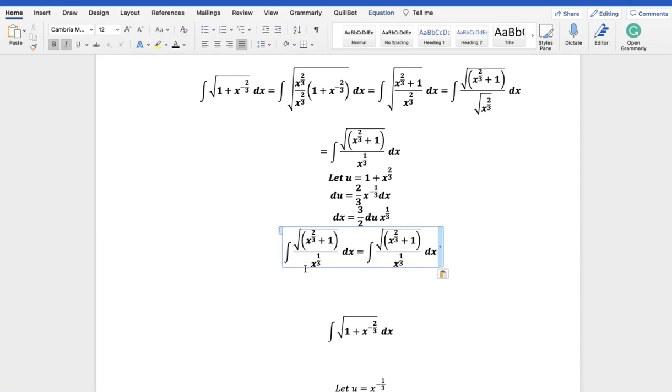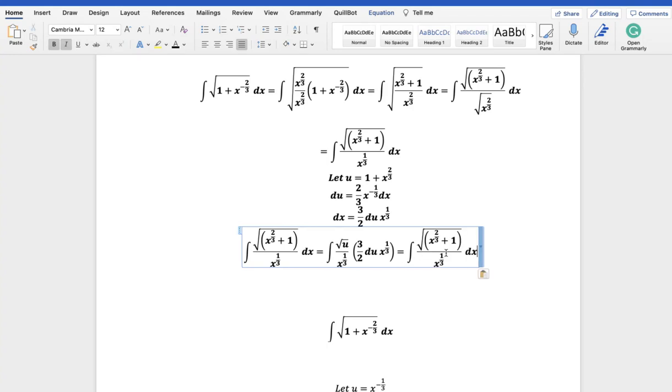So then you can place that back into your original integral. And what you get is, since you let all of this be u, this is just the square root of u, and dx is 3 over 2 multiplied by du multiplied by x to the 1 over 3. And this x to the 1 over 3 can cancel with the other x to the 1 over 3 that is in the denominator, right?